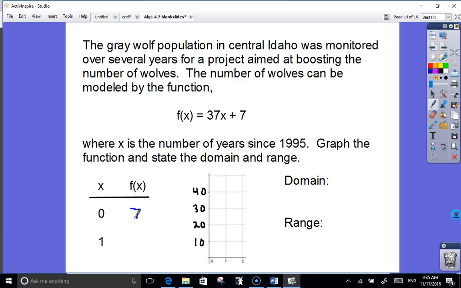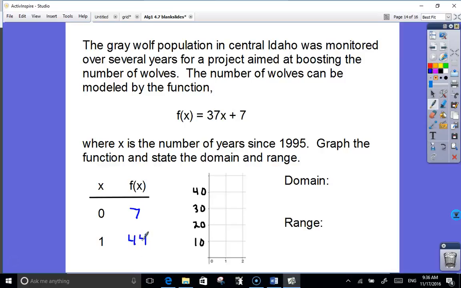Okay, what year would it be if x equals 1? 1996. It's 1 year since 1995, so it's 1996. If I plug in a 1, Adam, what do I get? f of 1 equals 44.